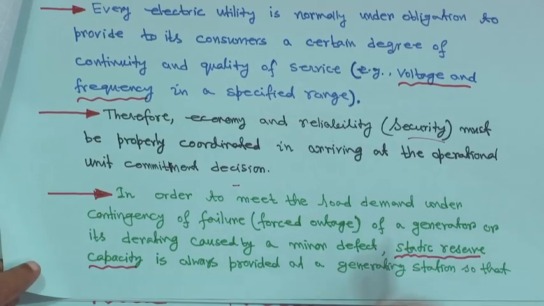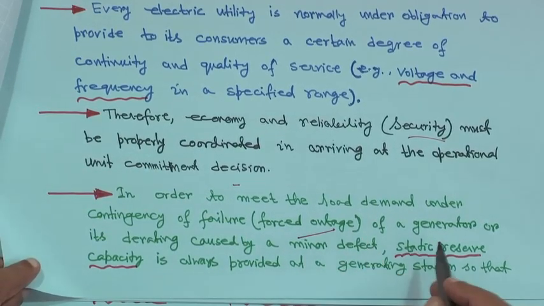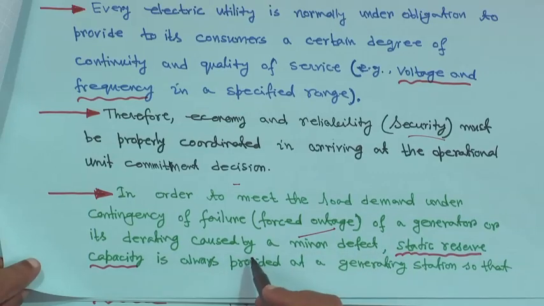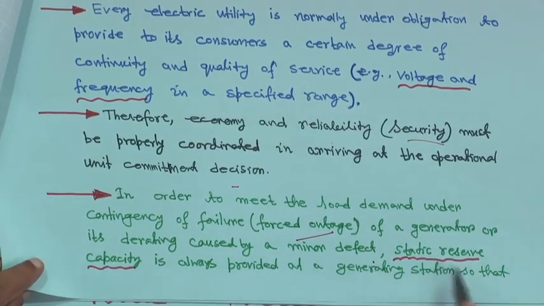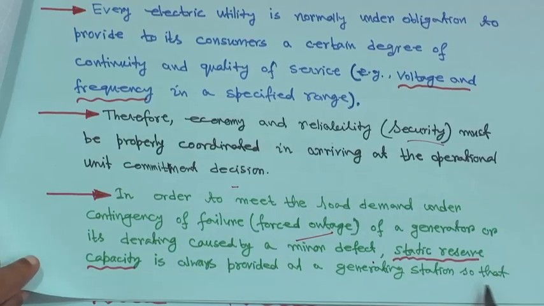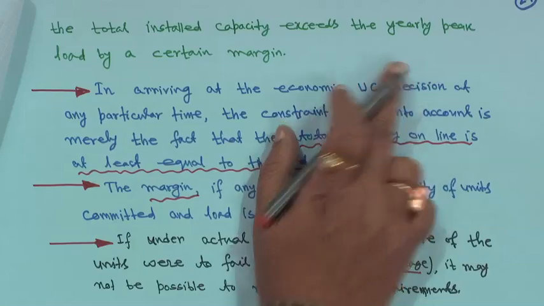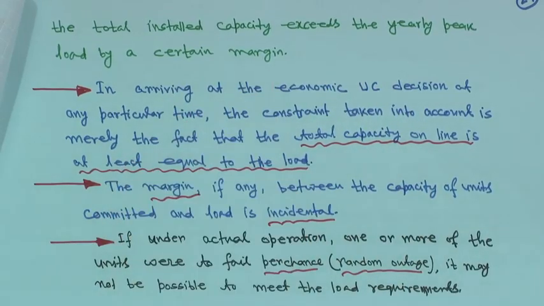In order to meet the load demand under contingency of failure, say forced outage of a generator or its derating caused by a minor defect, static reserve capacity is always provided at a generating station, so that the total installed capacity exceeds the yearly peak load by a certain margin.